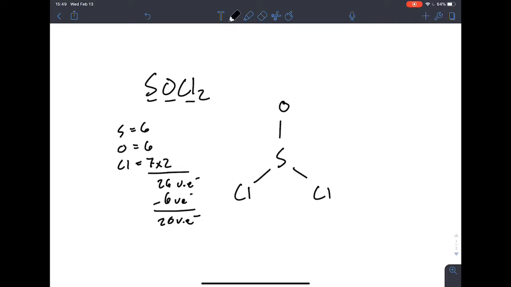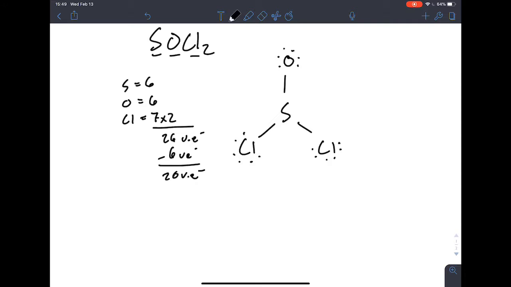And now I'll start filling in all of the octets. So 1, 2, 3, 4, 5, 6, 7, 8, 9, 10, 11, 12, 13, 14, 15, 16, 17, 18, and we are going to be left with 2 electrons.